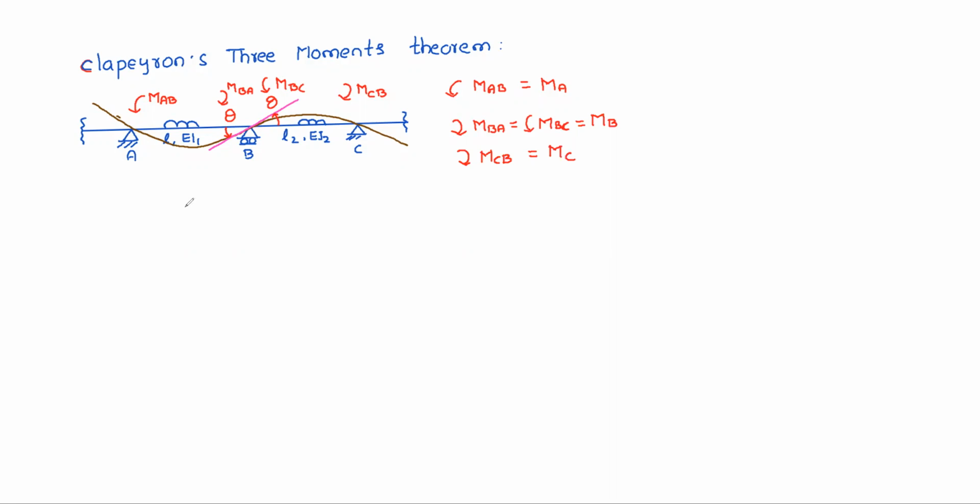Suppose you take this AB beam separately and BC beam separately. According to this new convention, the moments are like this.